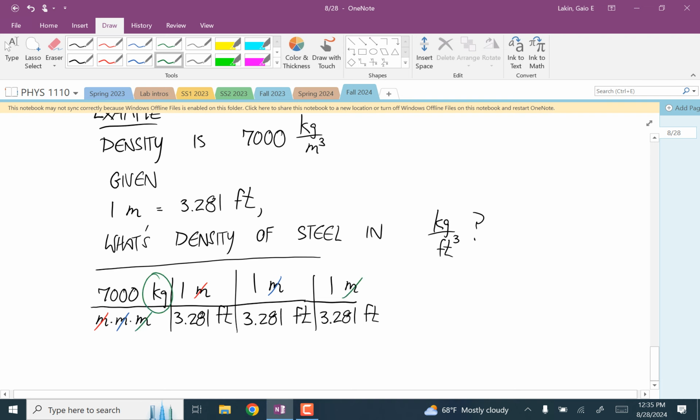And the units you have are kilograms over feet, feet, feet. So now we're done. We just have to multiply and divide it out, and you get 198.19 kilograms per cubic foot.